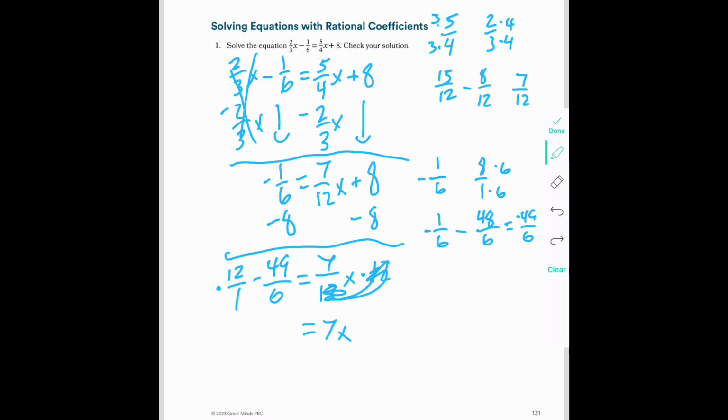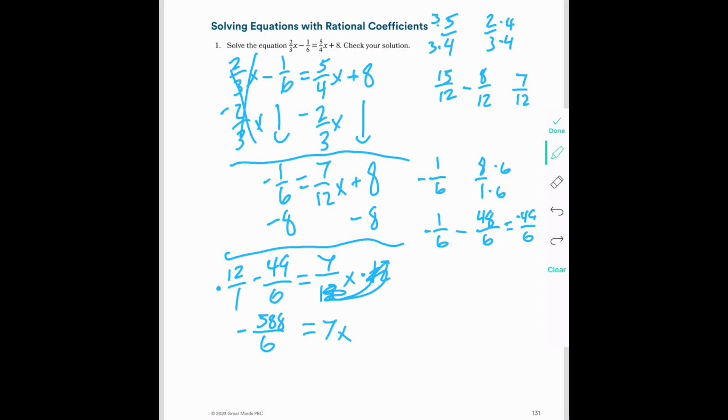So do 12 times negative 49, which would equal 588 divided by 6. This is a negative fraction. So then we need to see if we can divide 588 by 6, see if we can simplify it.